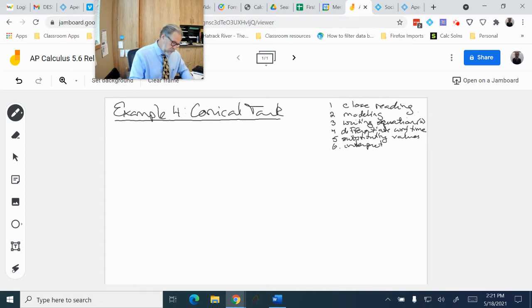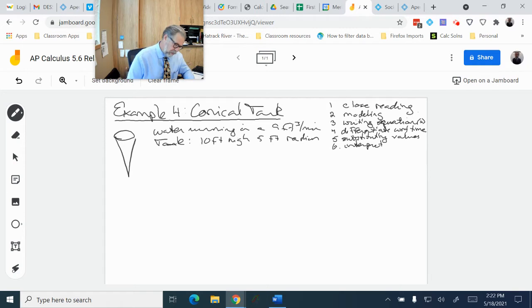So we have a conical tank for this particular example. We have water running in at 9 cubic feet per minute. The tank dimensions are 10 feet high. Sorry, this is tank. That's an N, and that's an A. 10 feet high and has a 5-foot radius.